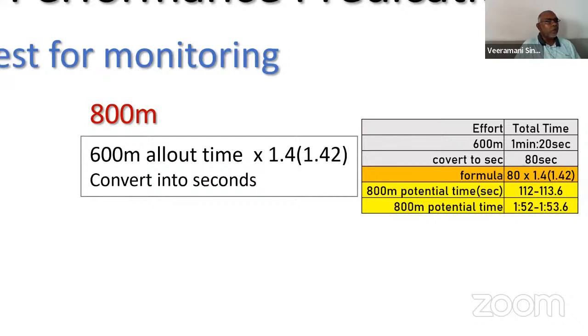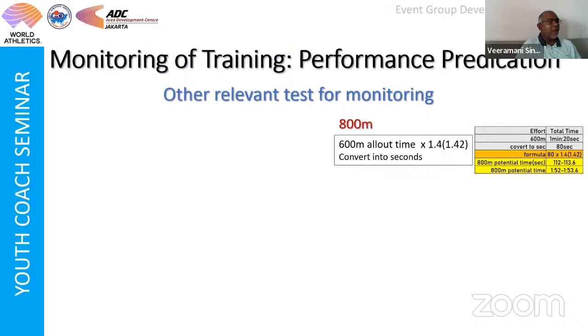Using the formula, I should get 1 minute 52 to 1 minute 53. This is a very close performance. I have used it before, so I rely on this for all-out efforts.